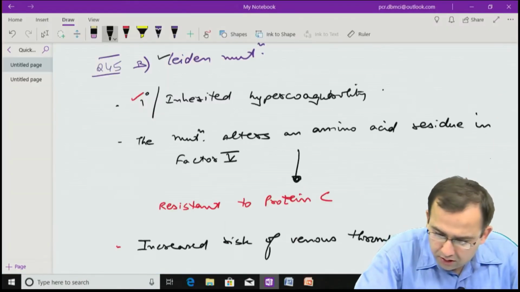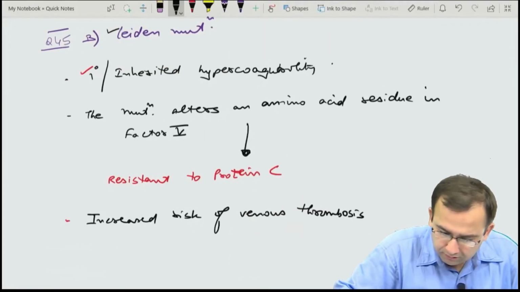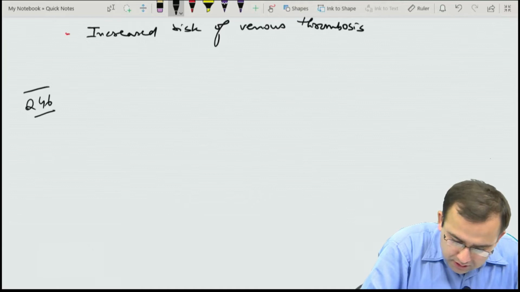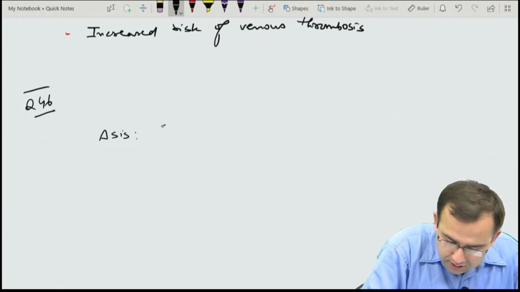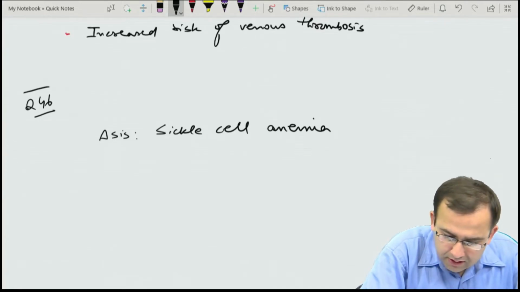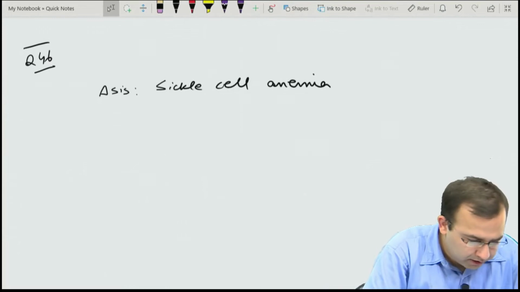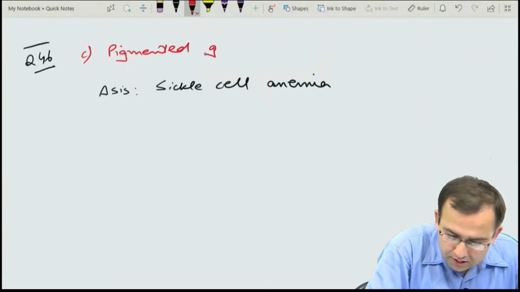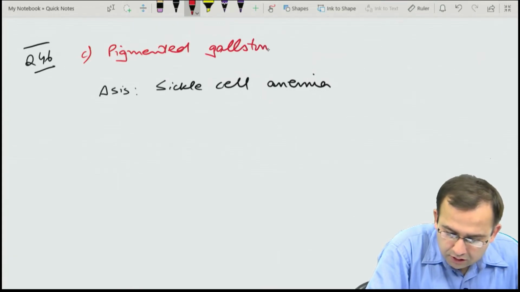So question 46. The diagnosis is sickle cell anemia, and the answer is C, pigmented gallstones.